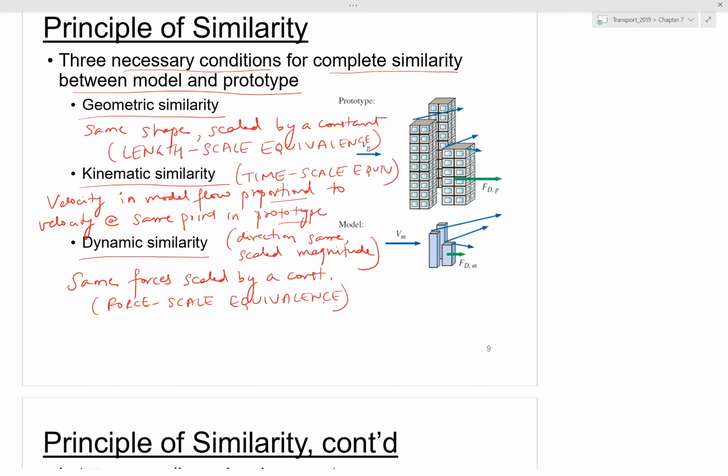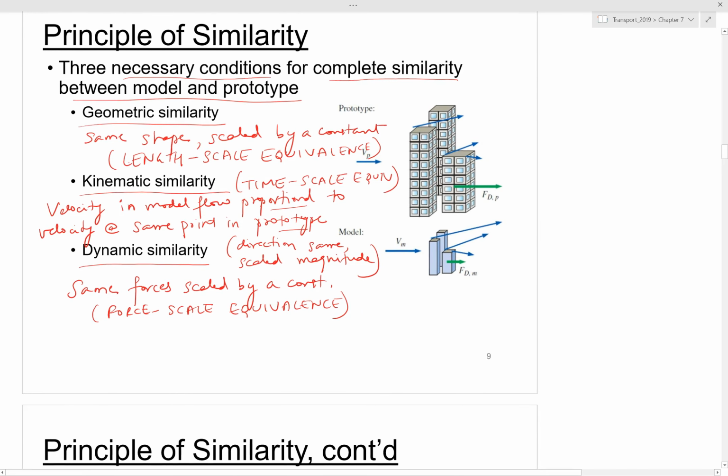And the thing to note here is that your scaling factors don't have to be the same for all three types.